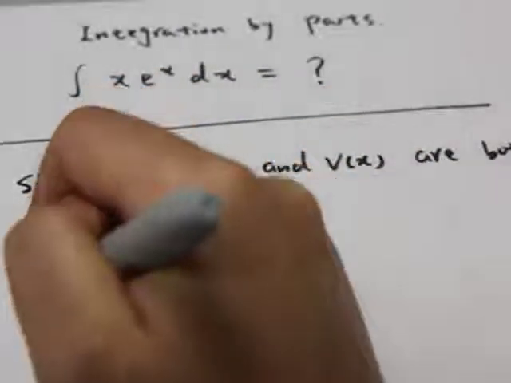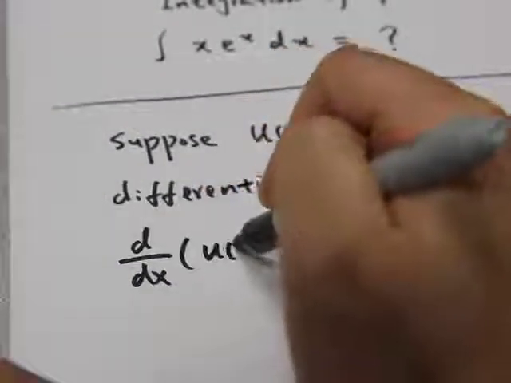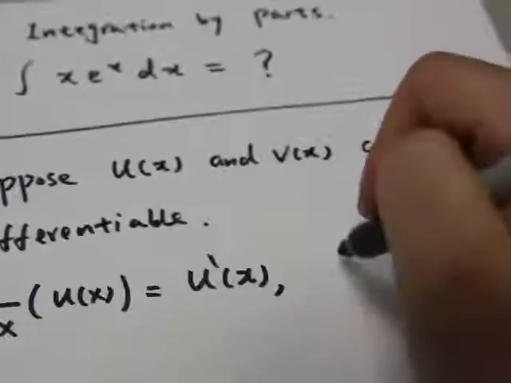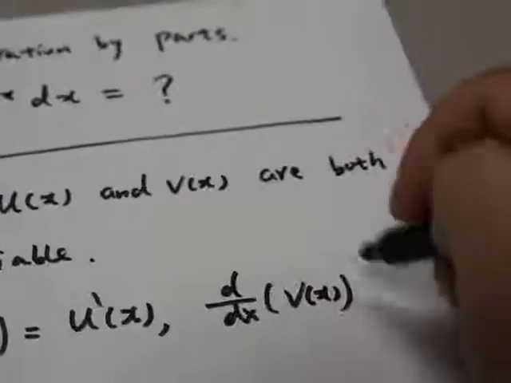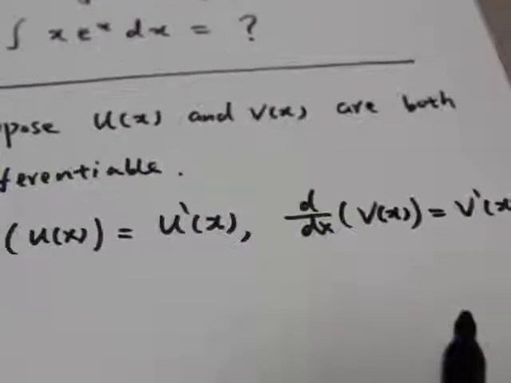So that means when we take the derivative of the function u(x), the derivative is u'(x), and when we take the derivative of the function v(x), the derivative is v'(x), right?